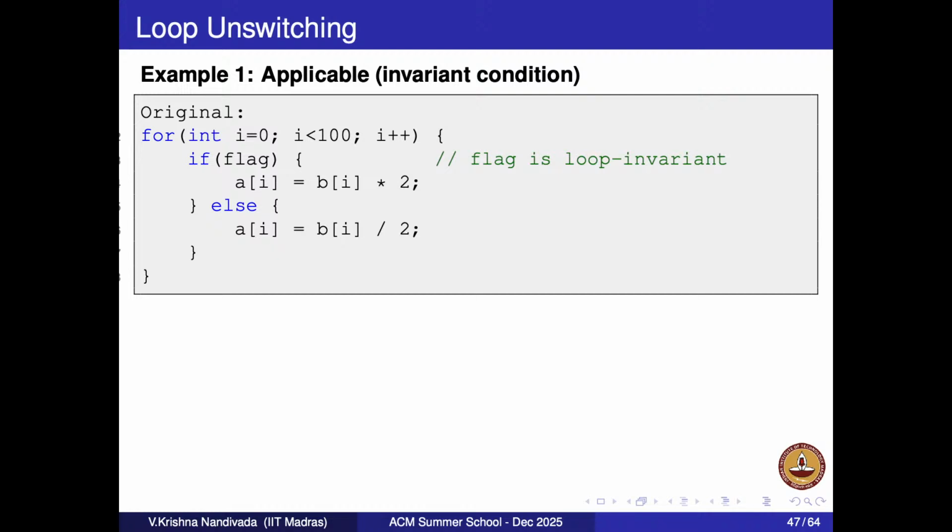Here is a code. I equal to 0, I less than 100. If flag, do something, else do something else. Look at this code. Tell me if this code bothers you. If this code is not making you feel uncomfortable, it's not good.